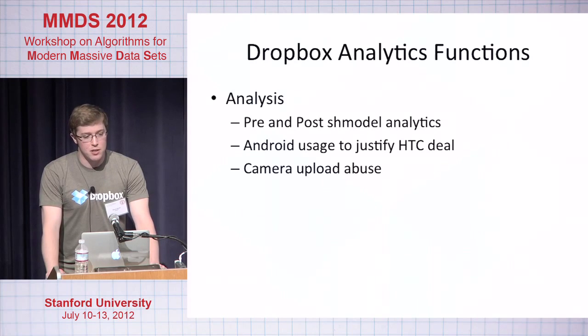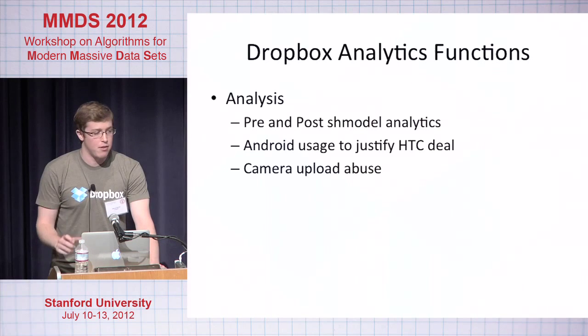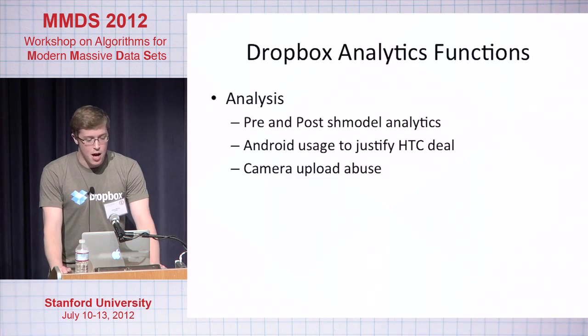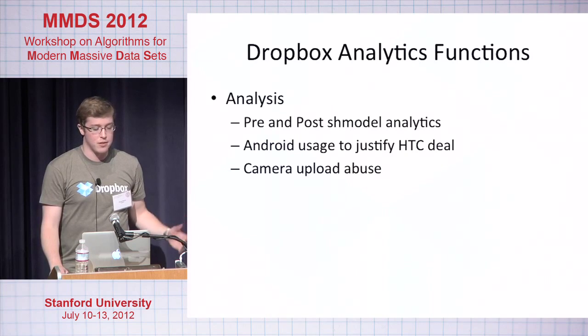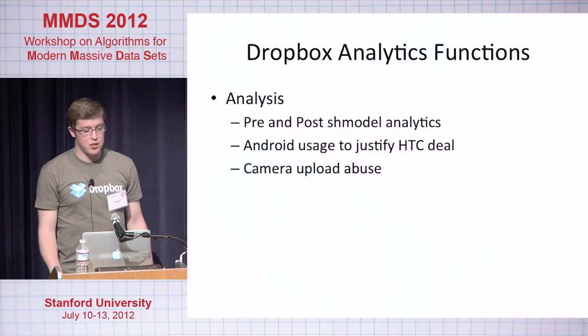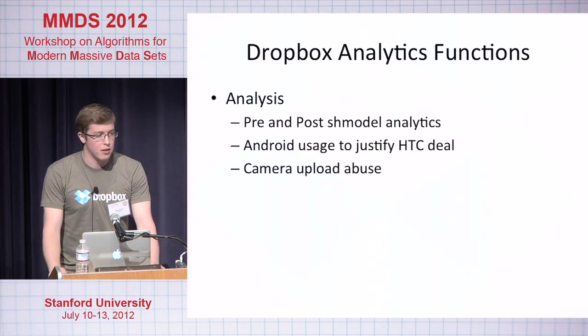The justification was we wanted to focus on the right front-end visualization features for our users. So we looked at the public folder distribution, for example, to see what people would be using it for. We also did a bunch of analysis on Android usage to justify an HTC deal where we're now pre-installed on a bunch of phones.